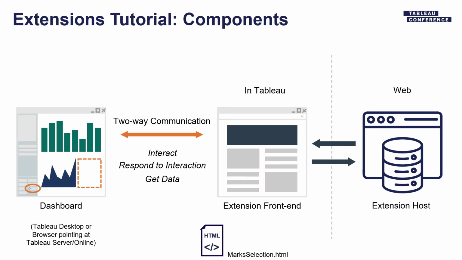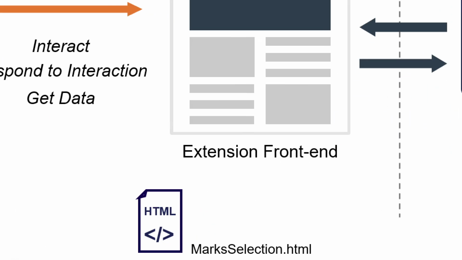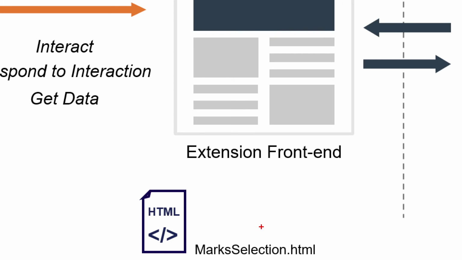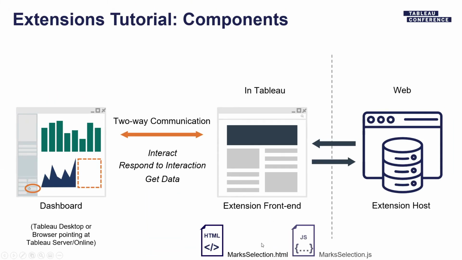So the components in this particular case are markselection.html and markselection.js, and then that TREX file. So this is probably the simplest extension you'll ever see, and again, you can get to this from that tutorial.